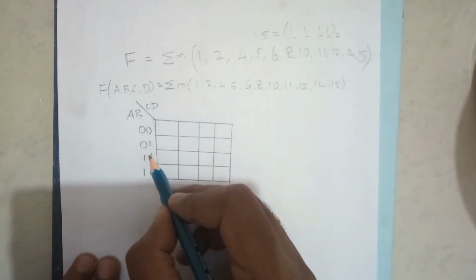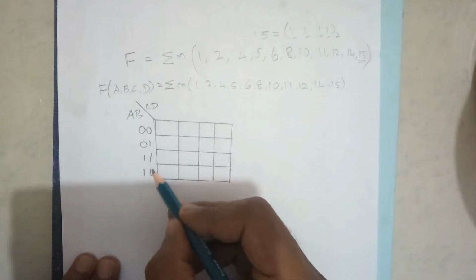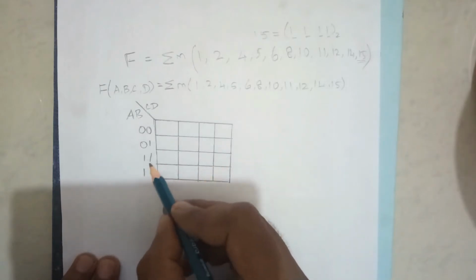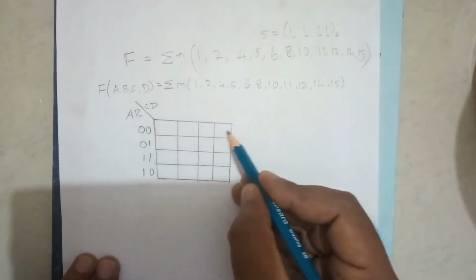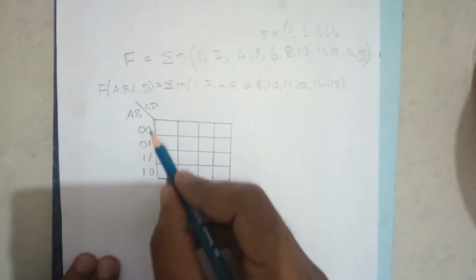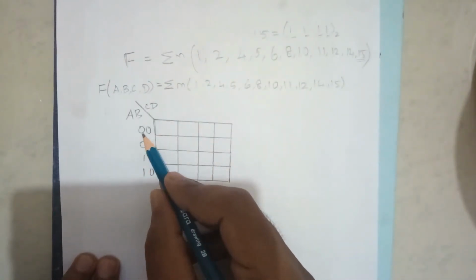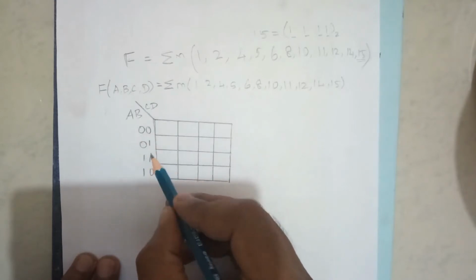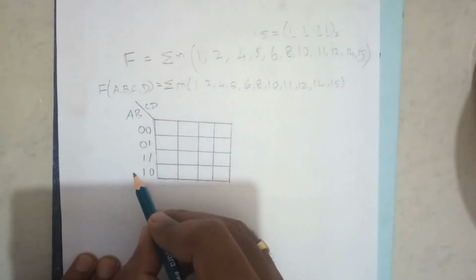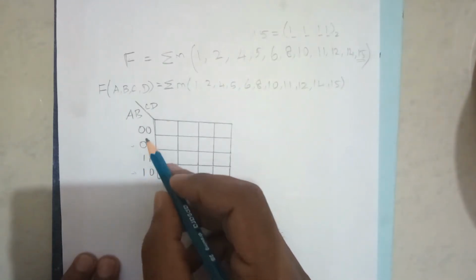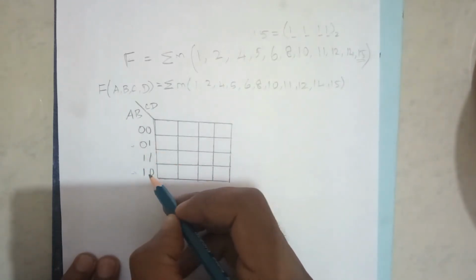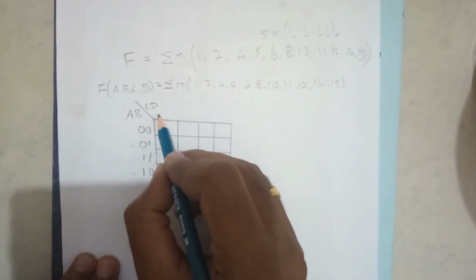But if I take the first row and the third row, they are not adjacent, because 2 bits are varying. Similarly, if I choose this row and this row, 2 bits are varying, so these rows are not adjacent to each other.